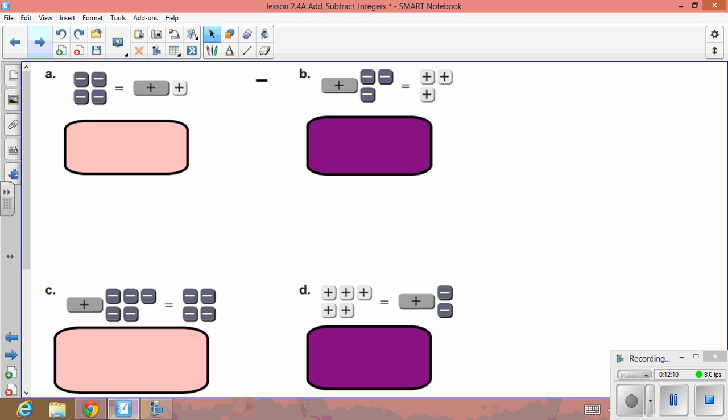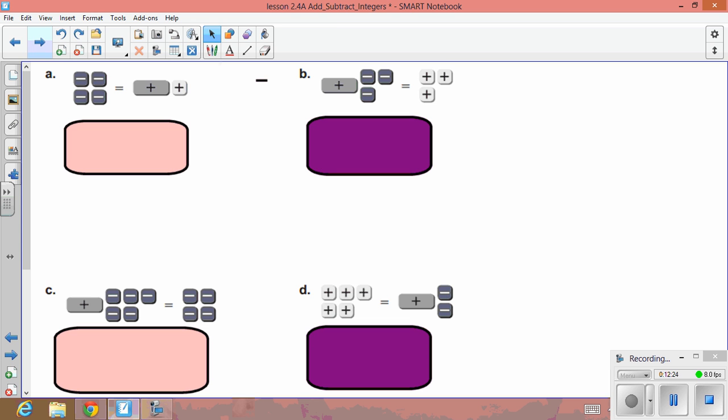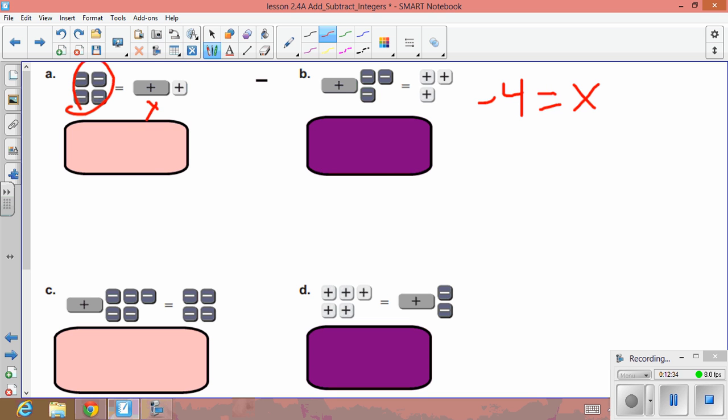For this activity, there are two things I'd like you to do: provide the equation, then solve it and give the solution. For part A, there are 4 negatives in here, so that means negative 4 equals, this is my variable x, and then there's 1 positive, so that's plus 1. You can use tiles. From here on out, I'm going to show you these 4 examples algebraically.